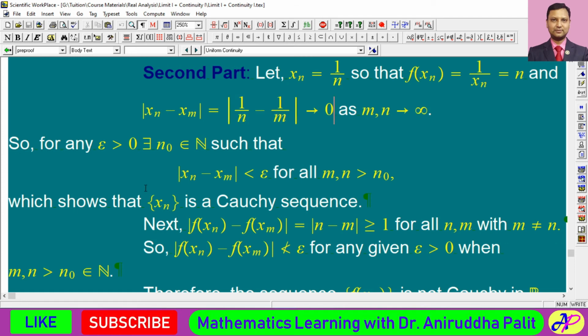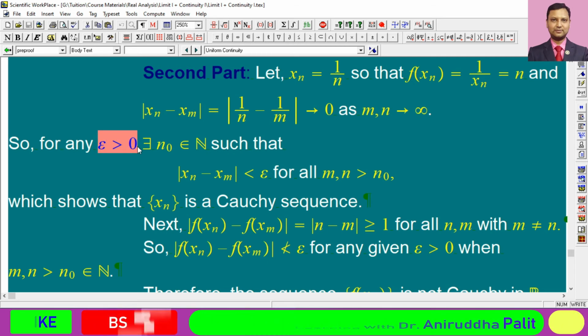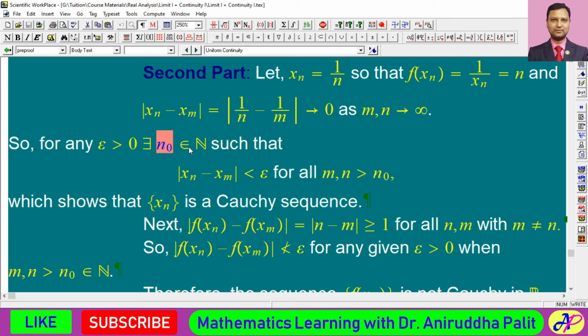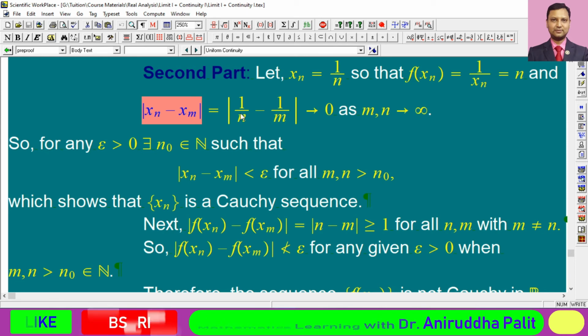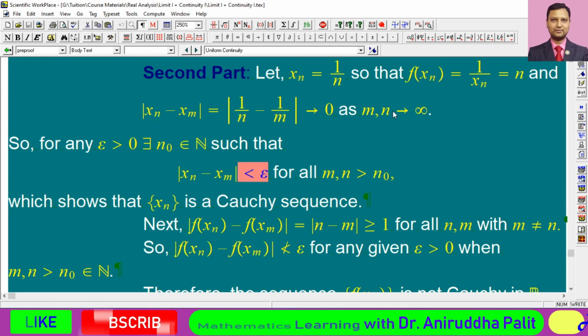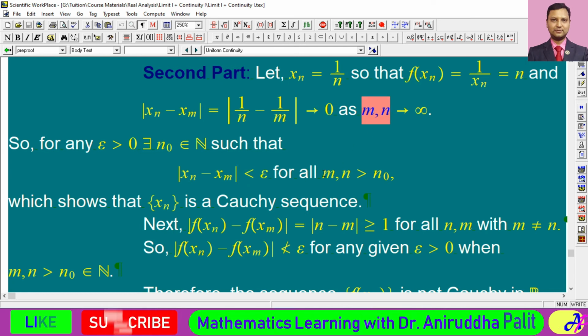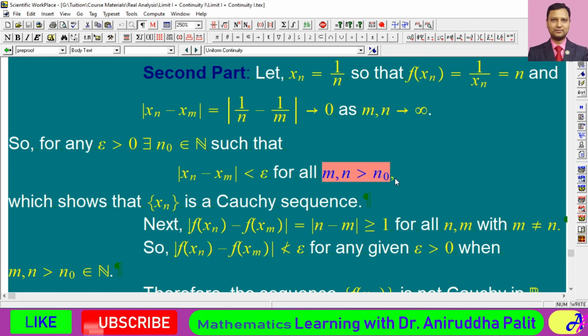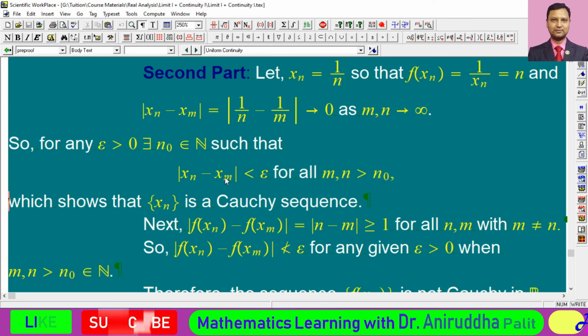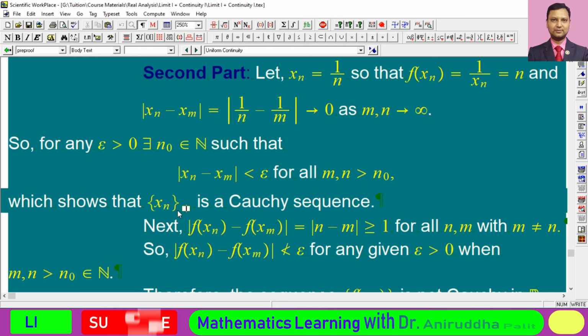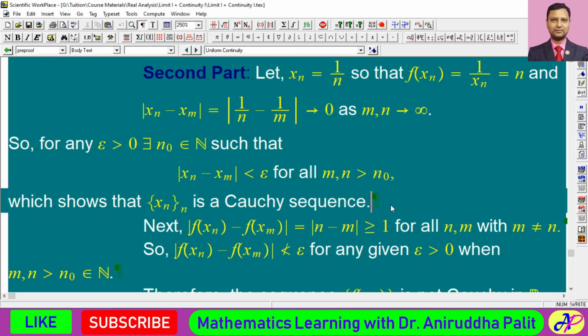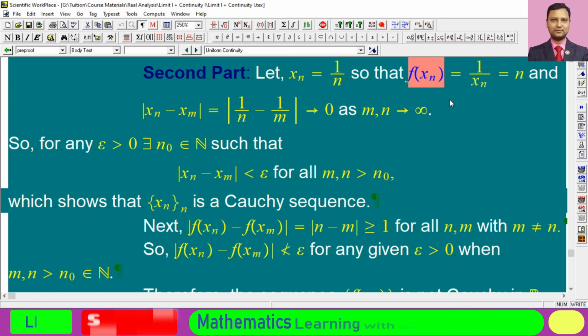So we can say that for any epsilon greater than 0, there exists a sufficiently large number n0 such that this difference is smaller than any small number epsilon for m and n greater than n0, and so it shows that this sequence xn is a Cauchy sequence.